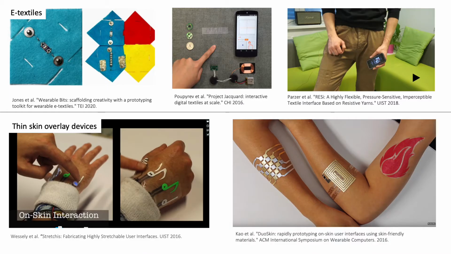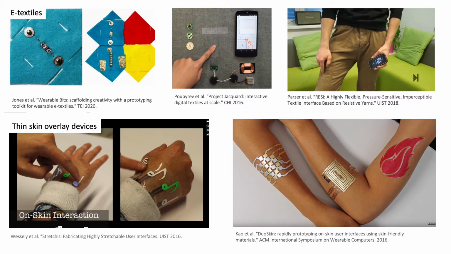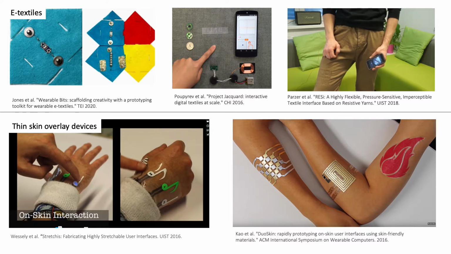One of the most common ways of prototyping and developing wearable and mobile devices is using e-textiles, which comprise electric components directly incorporated with fabrics using conductive thread to create interactive surfaces. As seen by projects such as Jacquard and Resi, which you can see on the top right of the screen, e-textiles can easily support touch interaction capabilities with conductive yarn and thread directly sewn on textiles and garments.